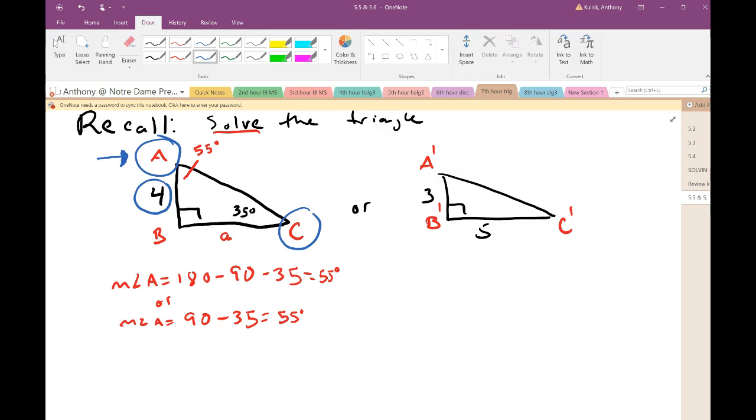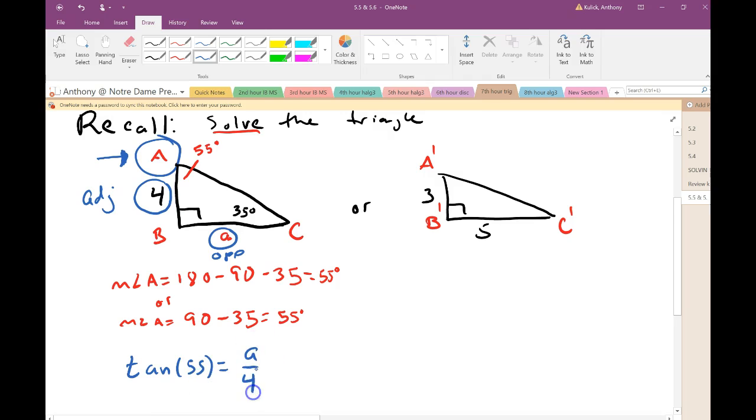Good. Relative to angle A, this side is opposite. What we want to know is opposite, and what we do know is adjacent. Because we're in a right triangle, I can use tangent of 55 equals a over 4.